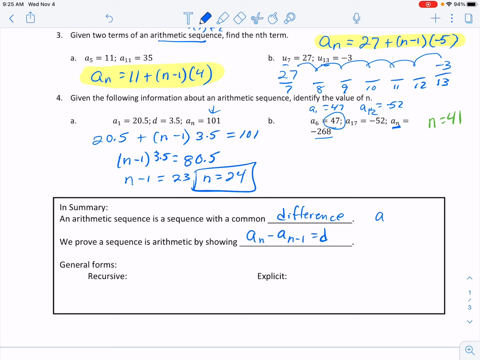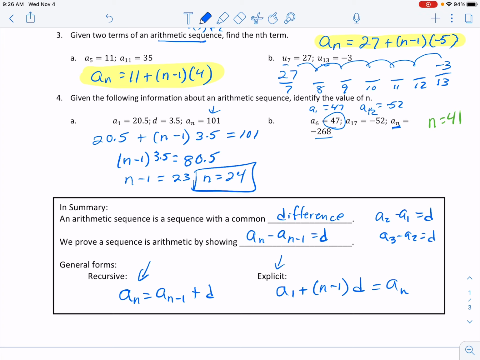Okay, so a2 minus a1 equals d, a3 minus a2 equals d, etc. The recursive formula is a_n equals a_(n-1) plus d. The explicit is the one we've been using, a1 plus n minus 1 times d equals a_n. Recursive, you need to have the term before it. Explicit, you can plug in information and get it.